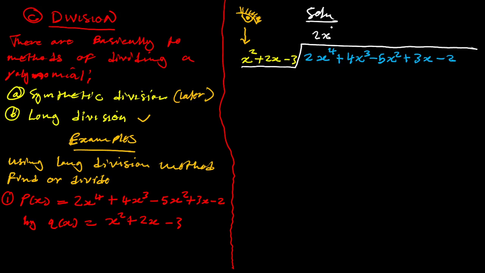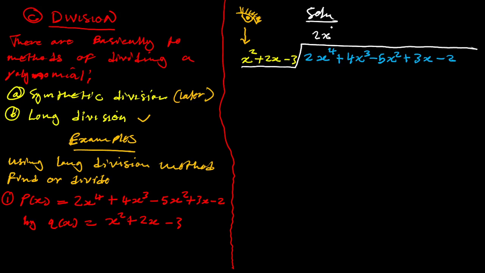So after you do that, your eyes now should be on what is on top. So 2x squared times x squared is going to be 2x to the power 4. Then you say 2x squared times 2x is going to be plus 4x cubed. Okay, I'm sure you guys are able to follow that.